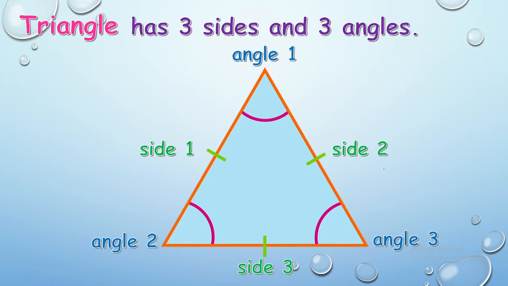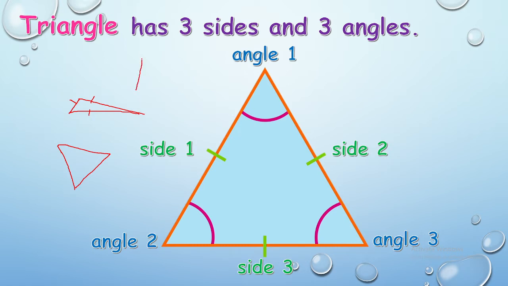Even if it looks different, for example, one side is short and one side is longer, this one is still a triangle as long as it has three sides and three angles. Or even if it's upside down like this, that's still a triangle.